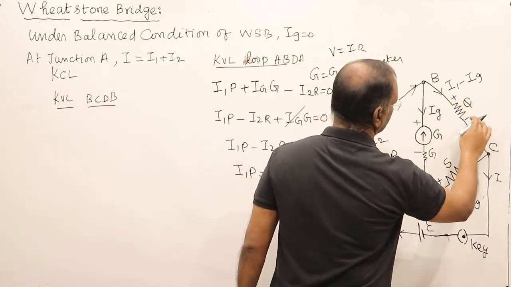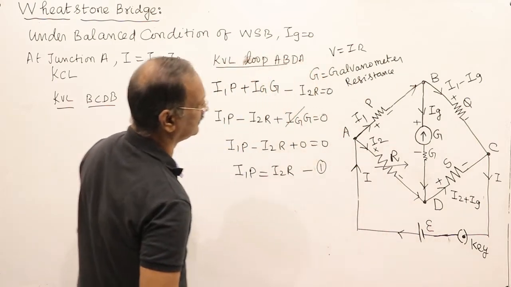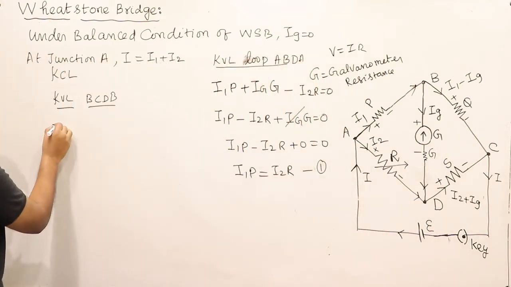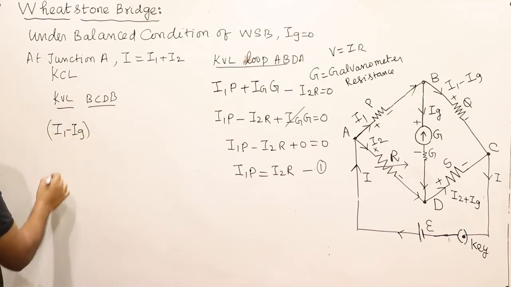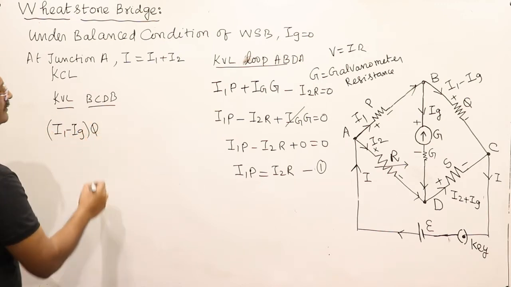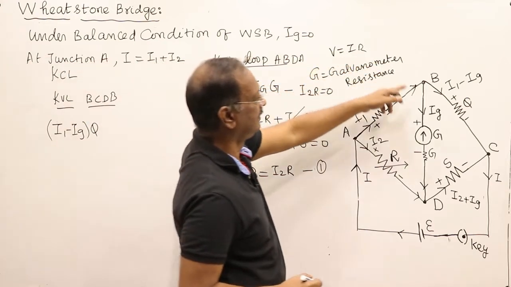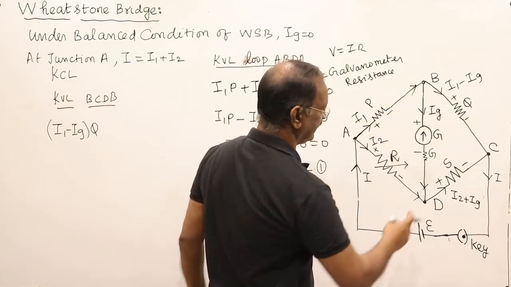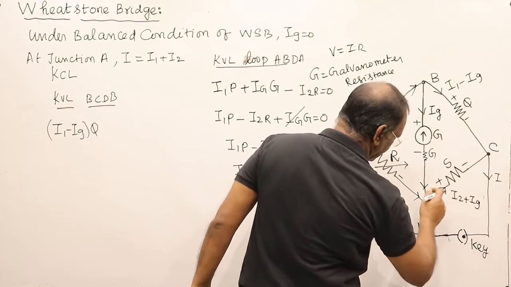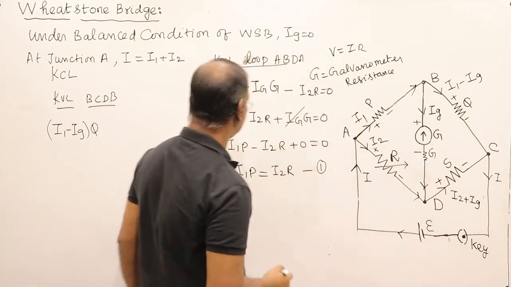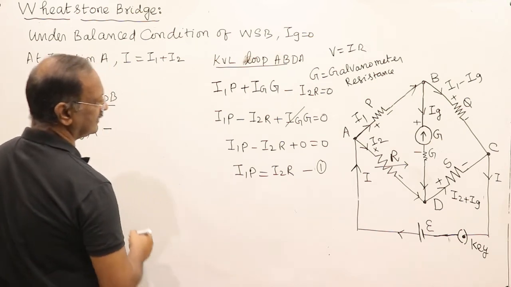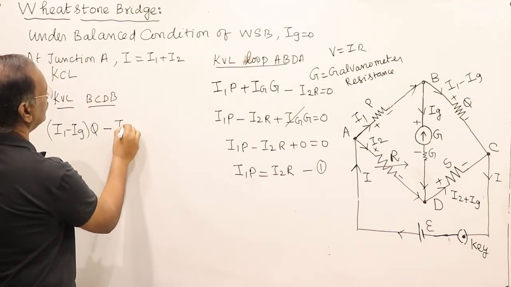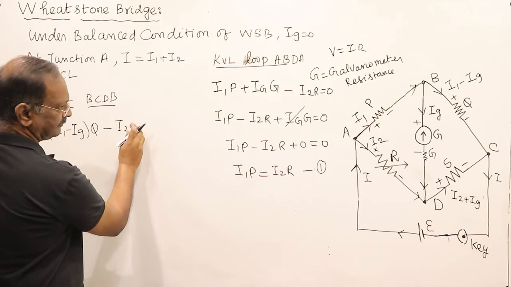It is positive to negative, so it is a positive voltage, that is current I1 minus Ig into the resistance Q, since V is equal to I into R. Again we are coming this way, that is negative to positive, so that will be negative voltage. What is this current?